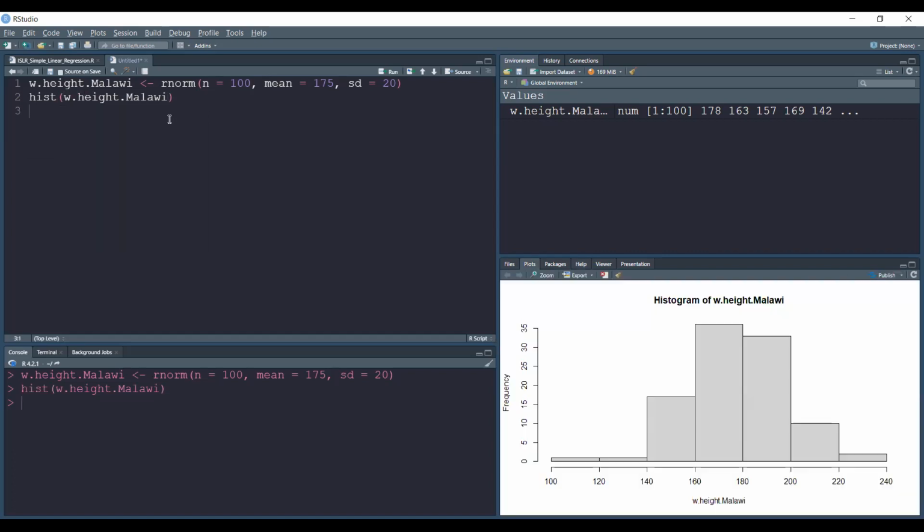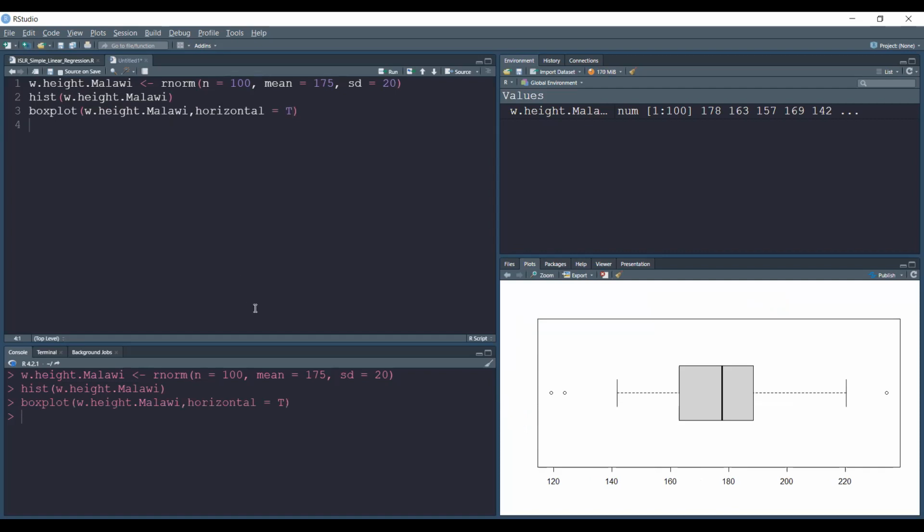That's your histogram. You could do it as a box plot as well. Box plot. And we'll draw it horizontally. Right? So you have some outliers over there, and 50% of the data is between these two values.